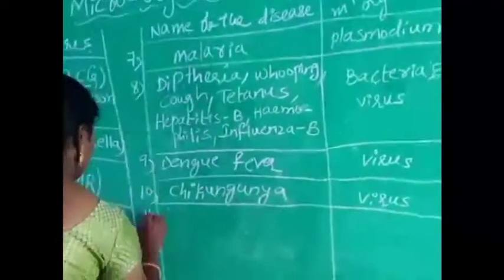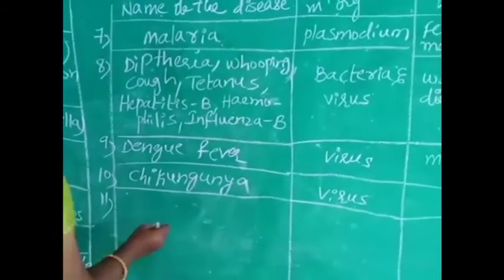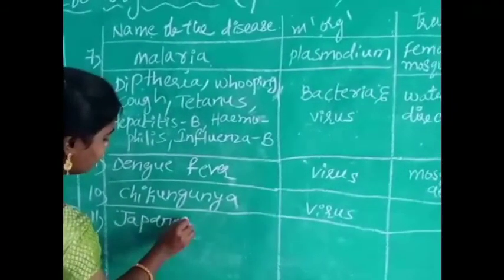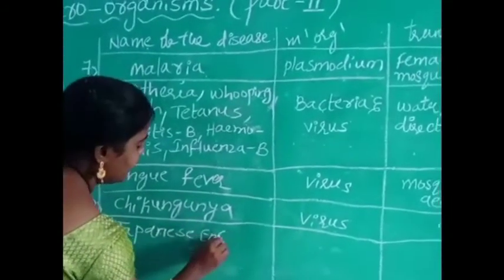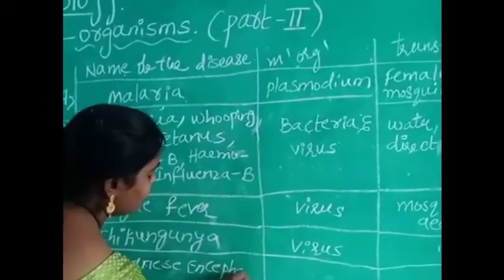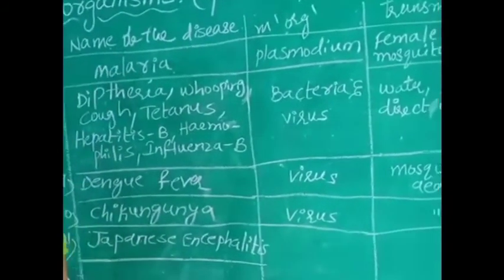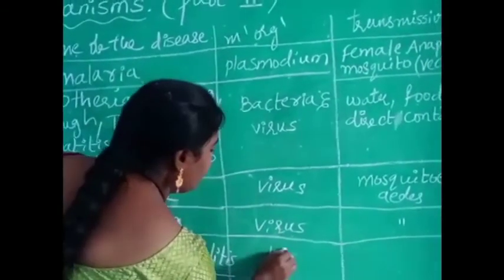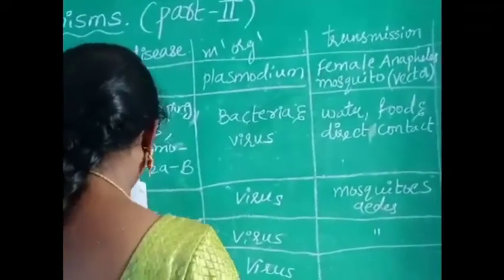Okay, the 11th one is Japanese encephalitis. Japanese encephalitis is the name of a disease caused by a virus.